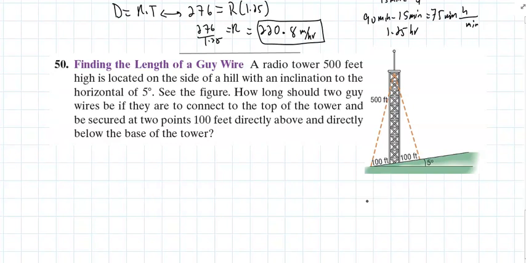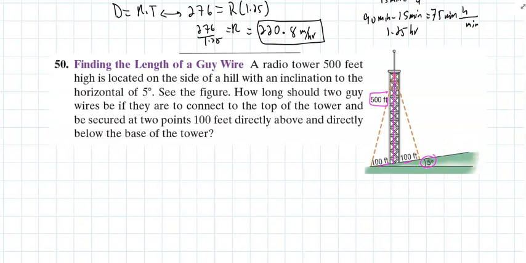Okay, it says, finding the length of a guy wire. A radio tower, okay, we get the tower, it's right there. That's 500 feet high. It's located on the side of a hill with an incline of 5 degrees. Okay, we see it. See the figure? How long should two guy wires be if they are to connect to the top of the tower, be secured on 2 points 100 feet above and directly below the tower.